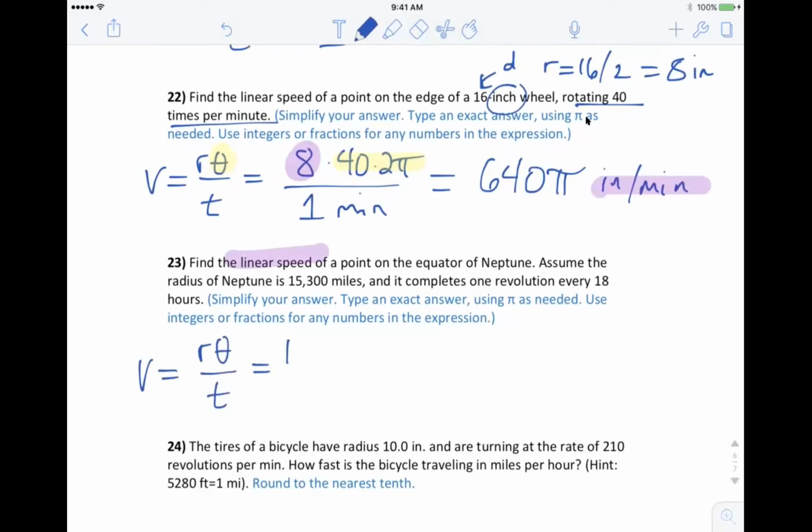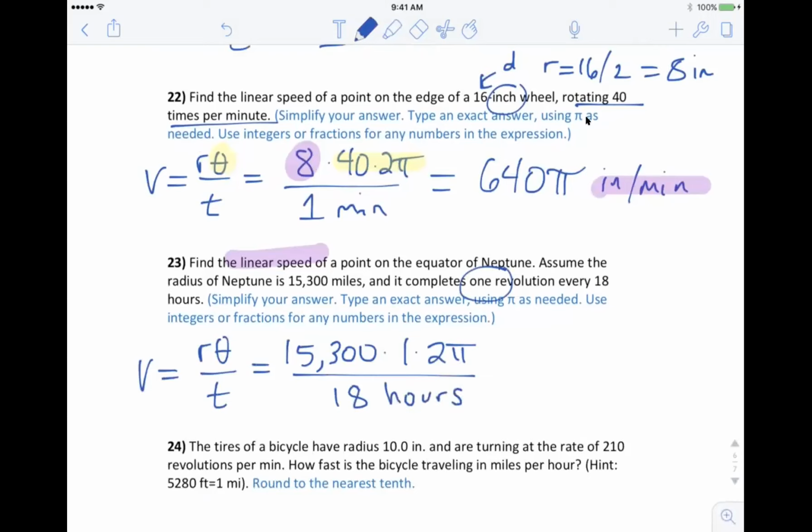R is 15,300. And then how about theta? Okay, 1 revolution, and each revolution is 2 pi radians. So that's 1 times 2 pi, or just 2 pi. And this is happening every 18 hours.